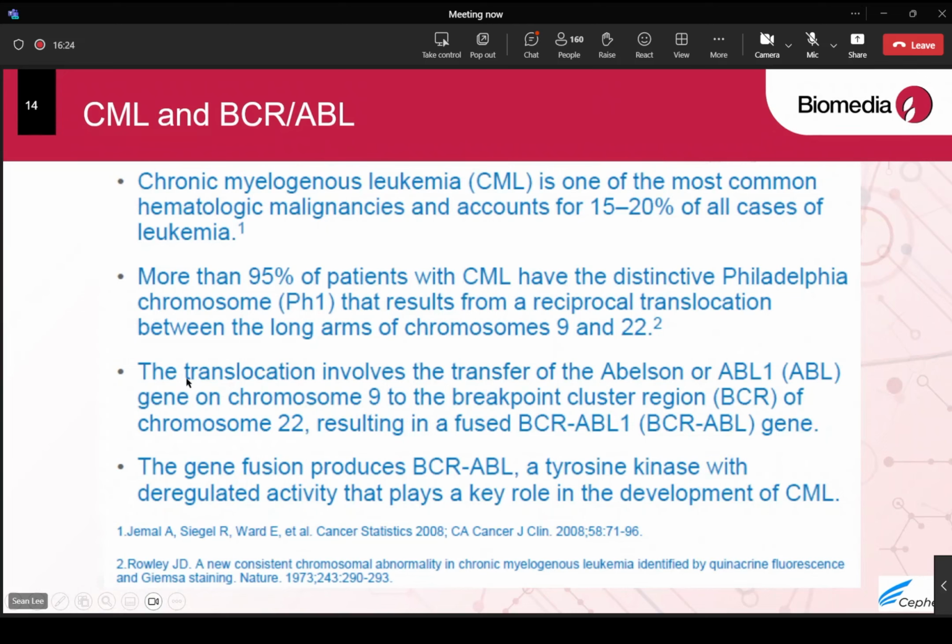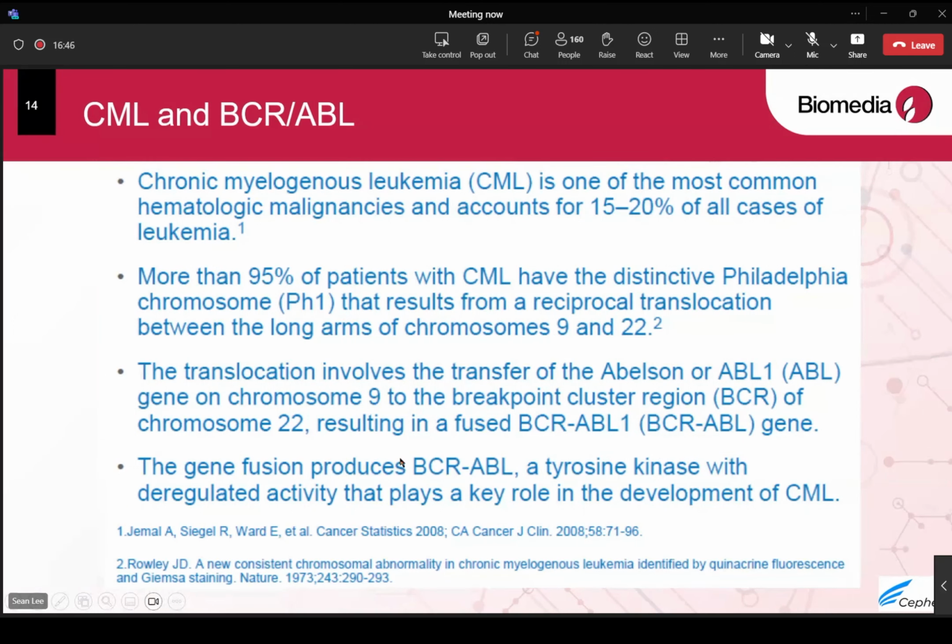This is because the translocation involves the transfer of the Abelson or ABL1 gene on chromosome 9 to the breakpoint cluster region of chromosome 22. Because of this translocation, it forms a fused BCR-ABL gene.